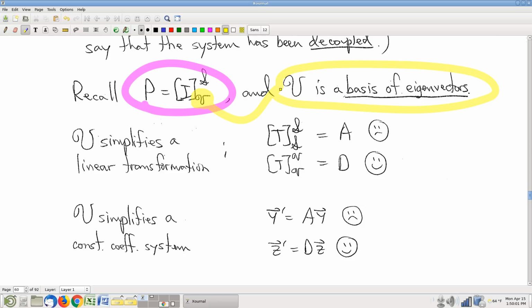So eigenvectors are still involved in our story here. Eigenvectors, different point of view. Eigenvectors are what has allowed us to simplify this problem. And just to capitalize on that, this basis of eigenvectors, in the same way that it simplifies linear transformations in Chapter 4, now, ultimately, is what allows us to simplify our system of equations in Chapter 5.